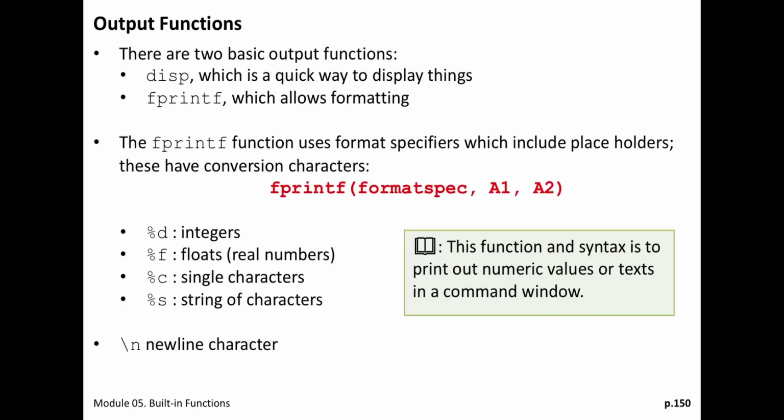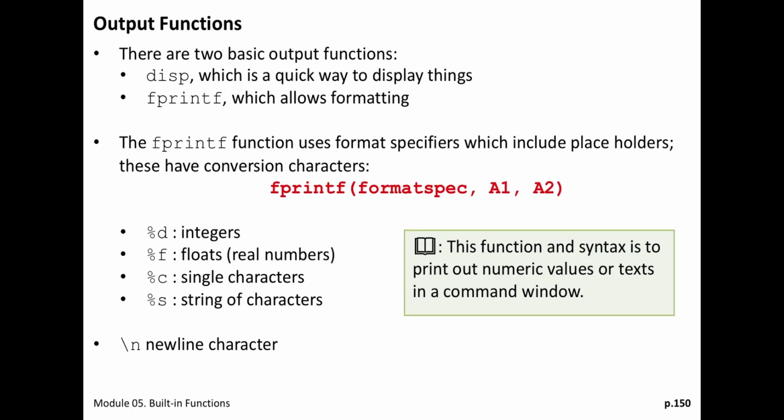Okay. So output functions are to print out the numeric or character value in a variable. The disp and the fprintf are two basic output functions in general, but I usually use fprintf because I can format the text output.